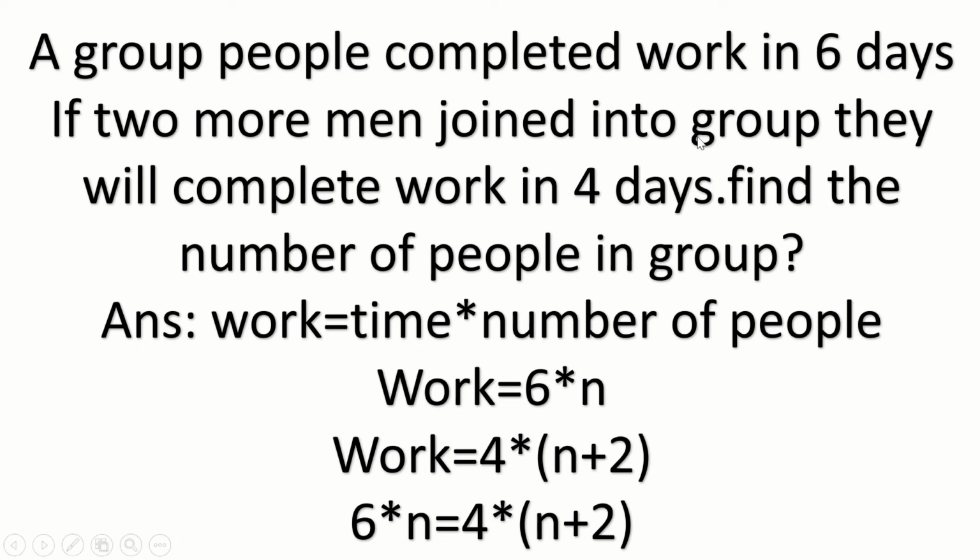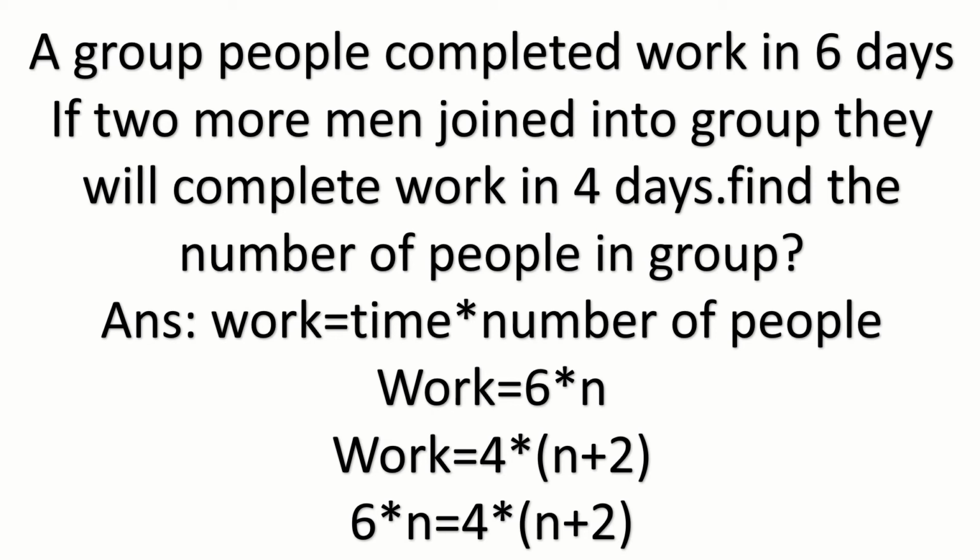If you observe this question, this is the 6 days, this is the 4 days, which means there is a decrease in time. How much decrease in time? From 6 to 4 means 2 days decreased. 2 by 6 means there is a decrease of 1 by 3. 1 by 3 decrease means there is an increase of 1 by 2.